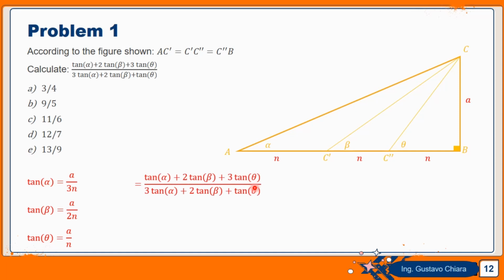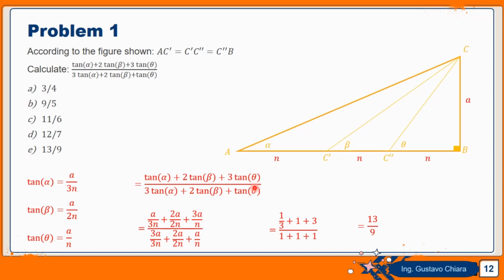We need to calculate this expression, and we need to replace all the values, and reducing this expression, we get this. And also reducing, you have the solution of the problem, that is 13 divided by 9.